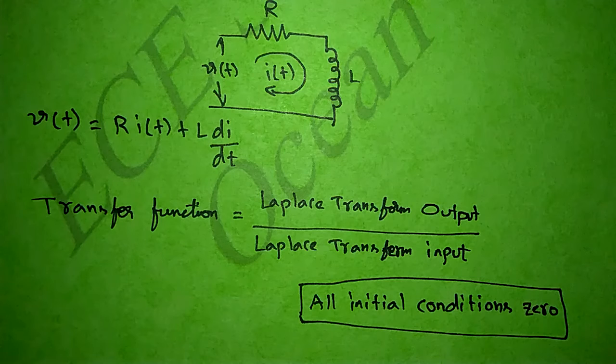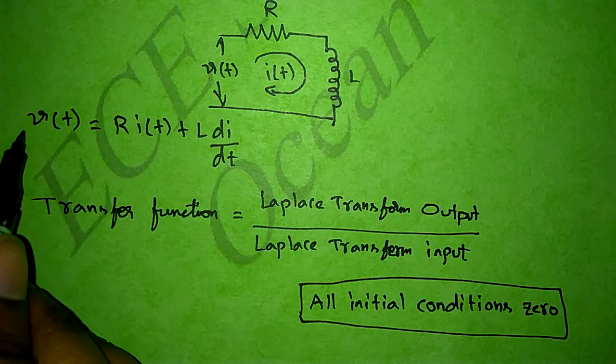This transfer function is an important parameter which explains the system, and it gives information on how to regulate it and how to maintain it in a stable manner. For finding the transfer function, initially we have to use the Laplace transform.